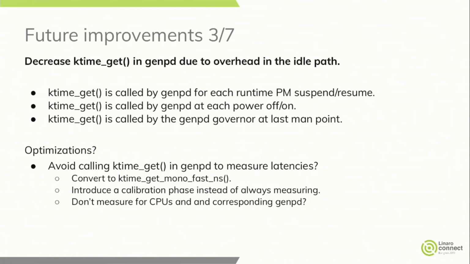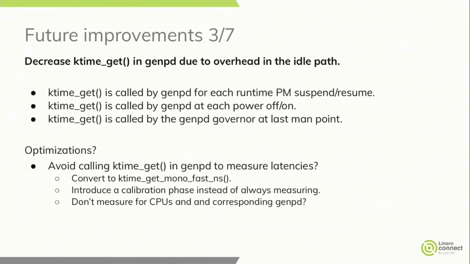You have this auto worst case wake up latency. Yes, but we do measurements every time. So clearly this should be disabled. There's a lot of k-time get being done in that path, and it's really silly for CPUs. And actually it might be silly for regular devices as well.